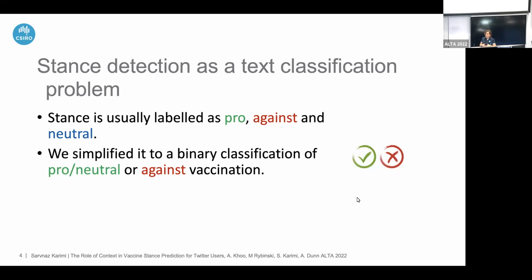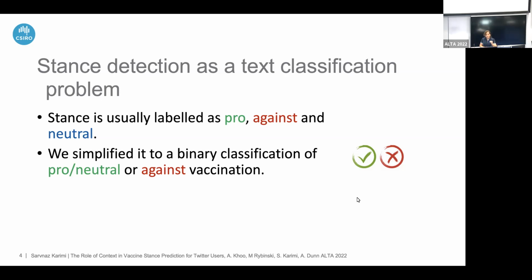We looked at stance detection as a text classification problem. We simplified it as a binary classification. A stance is usually considered as 3 labels: pro, neutral or against.